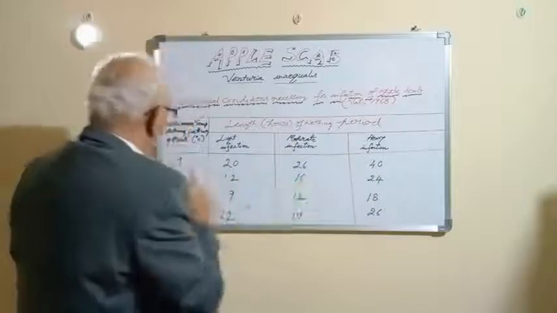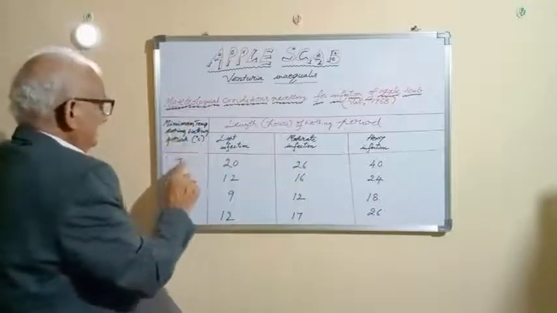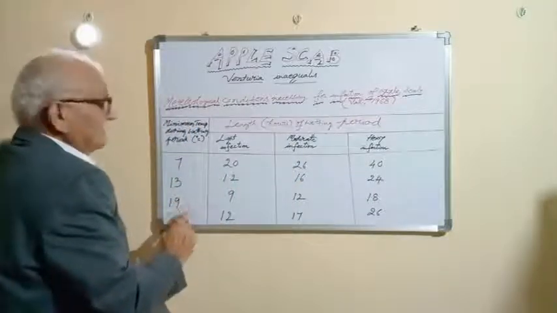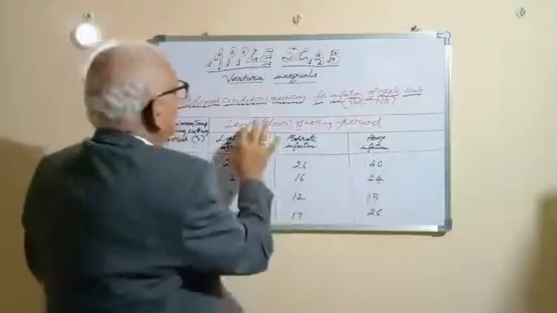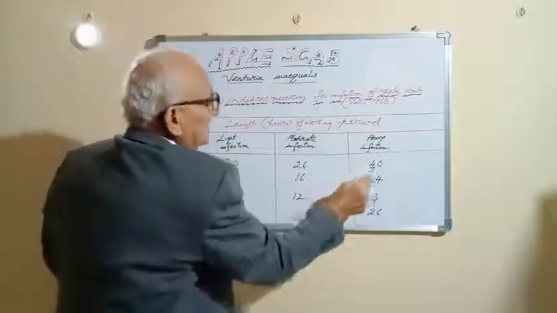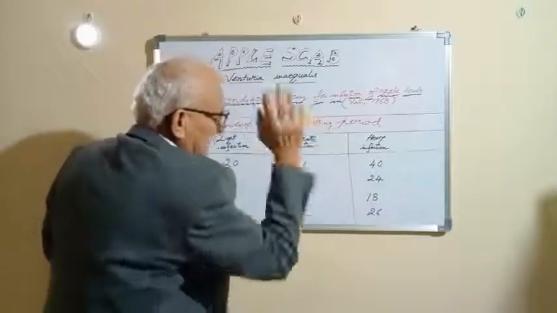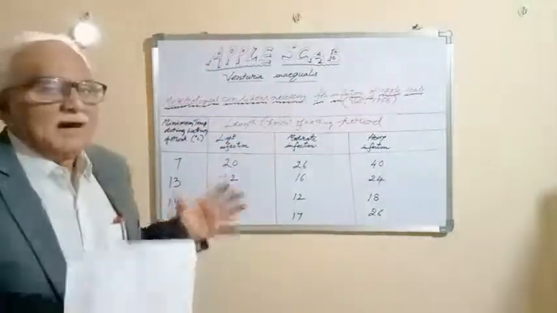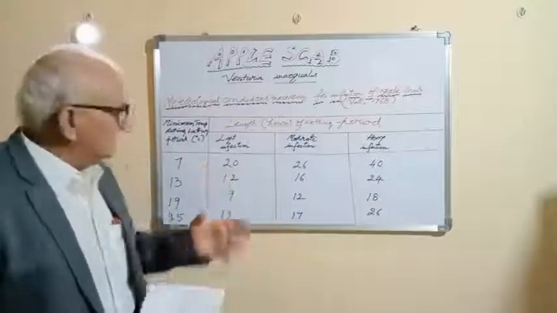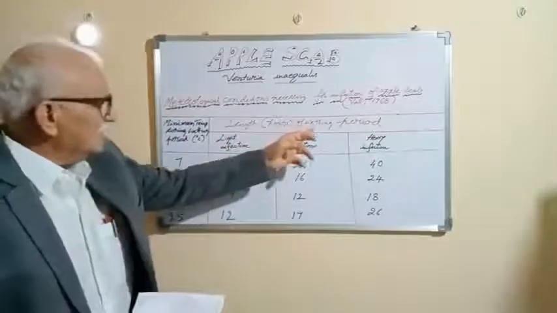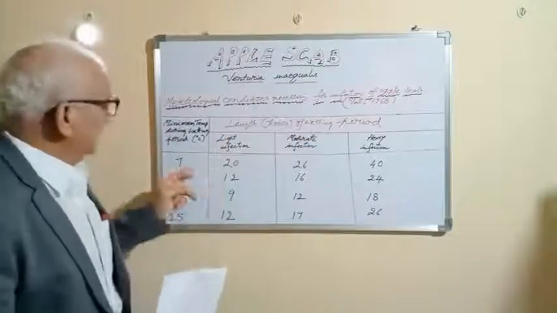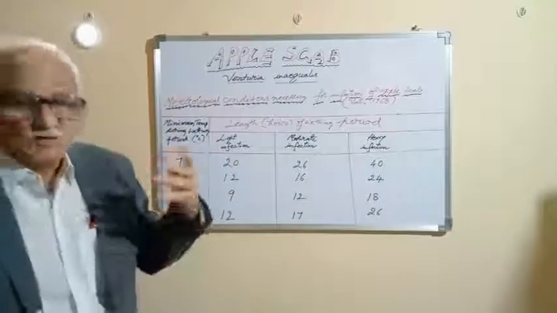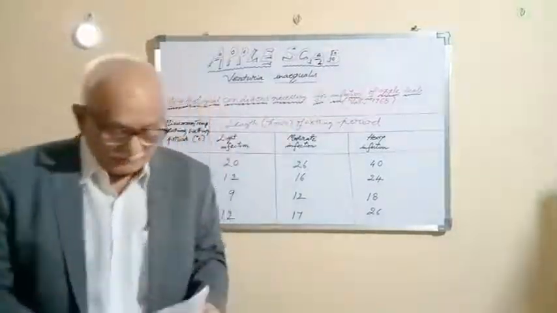For heavy infection at minimum temperatures of 7, 13, 19, 25, the length of wetting period is 40, 24, 18, 26. That means this disease is highly driven by agrometeorological factors, that is, length of wetting period of the rainfall, minimum temperature and humidity. Of course, indirectly humidity plays an important role.